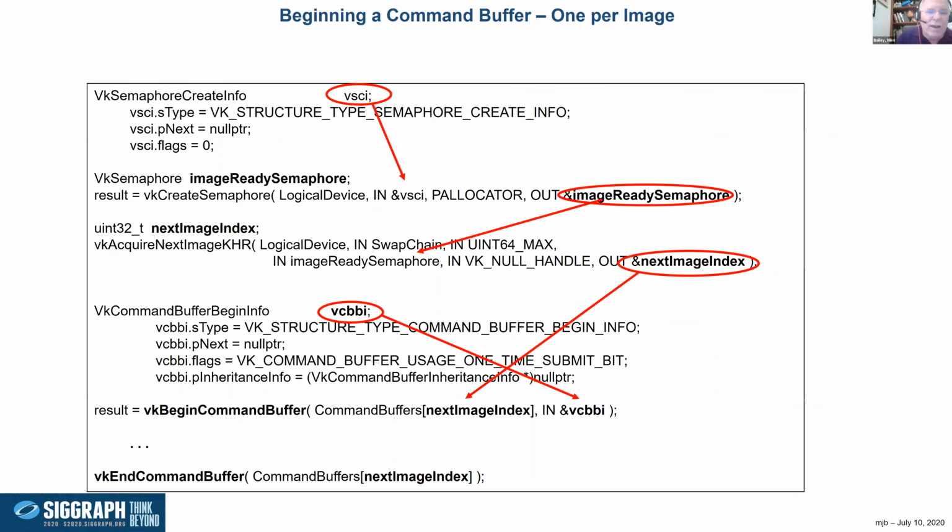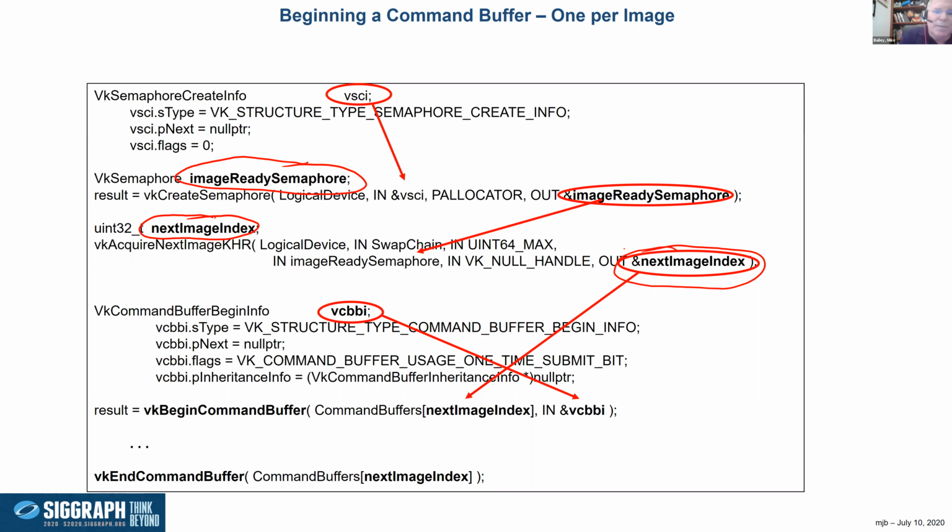There are interlocks to be done. That's the semaphores. This is covered in the synchronization notes, which is not part of what we'll do today, but is in the full note set. And as you're doing this double buffering, this fill one while the other's being executed, you need to always be asking it, what's the next one I want? And so that's what the next image is all about.